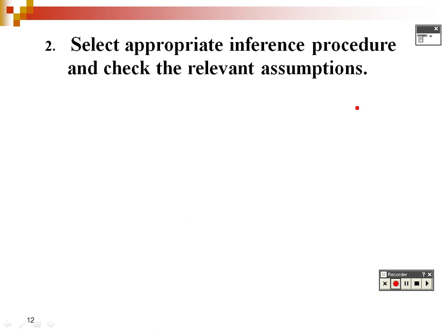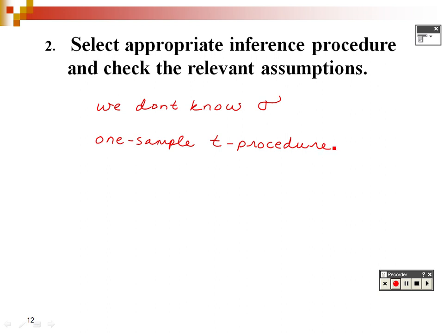And the big thing that we should note is that we don't know sigma. It's not given to us. And as a result, what we have to resort to is a one sample t procedure. One sample doesn't mean anything right now, but we'll see 2 samples later. One sample because you're getting one sample mean.